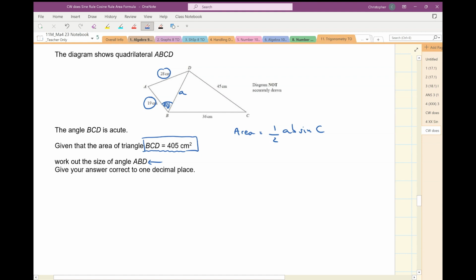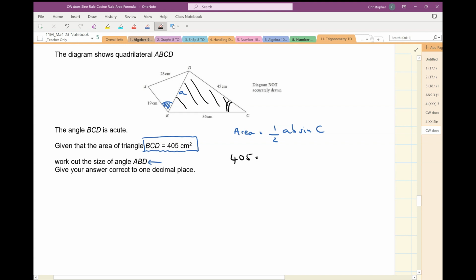If there was a way of finding that side, then I'd be all right, wouldn't I? So, just a minute. We're told the area of triangle BCD, aren't we? BCD, we know the area of that triangle there. So the area of that triangle is 405. So I've got 405 equals a half ab sine C. That's going to mean I can find this angle here.